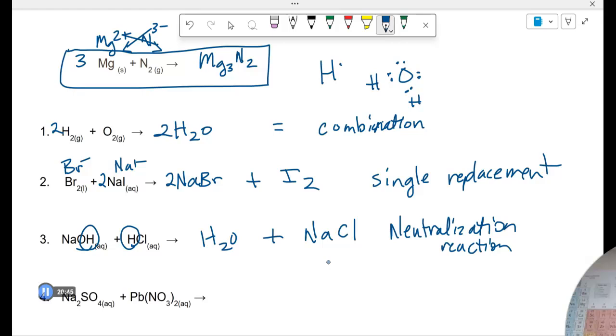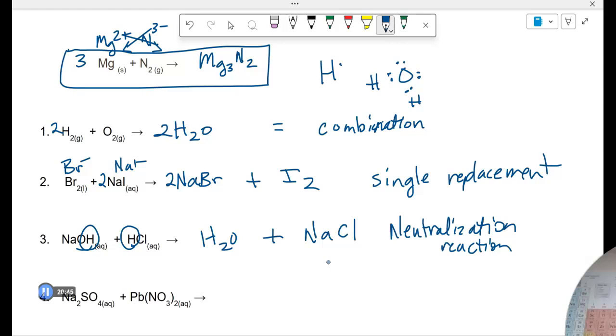So we don't actually have enough information to know that lead and sulfate are going to form a solid. We would have to be provided a little bit more information to know that those are non-soluble. But the fact that they put these together, we clearly have a cation dancing with an anion and another cation dancing with another anion, and probably this is going to be a case where things switch.